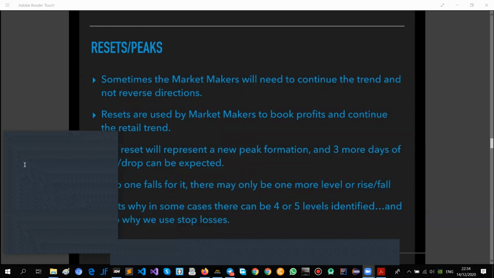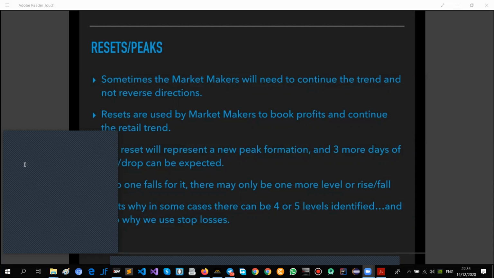Can resets happen on Monday? Yes, that's the part that we said: on the first day of the week, meaning on Monday, the trend day one, we expect reversal or formation of the peak formation high or peak formation low.